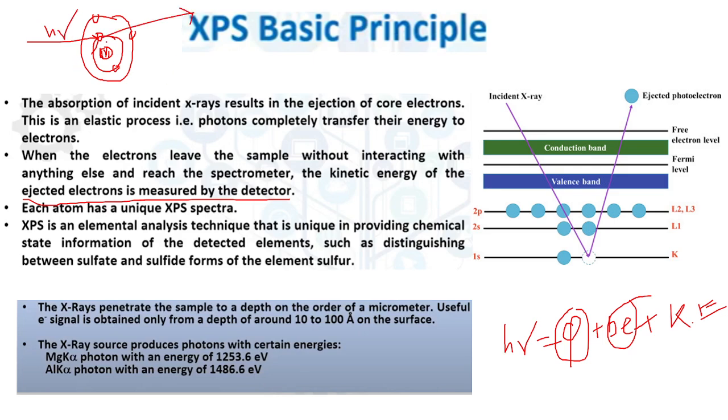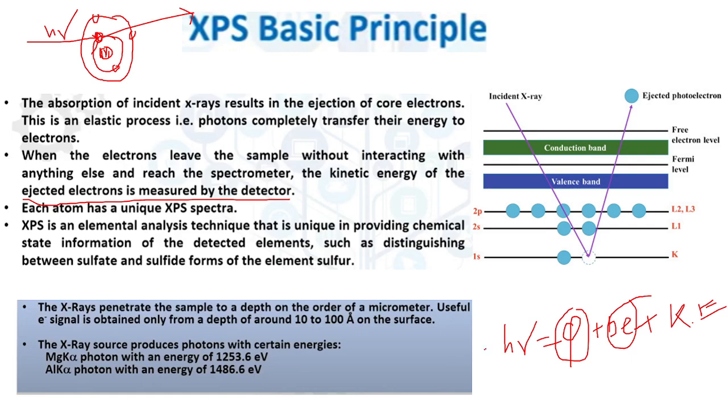For that, first of all, hν must be greater than the work function value, which you know from the photoelectric effect explained by Einstein. At least that minimum value is required. After that, we also need energy to overcome the binding energy that the electron has with the nucleus.